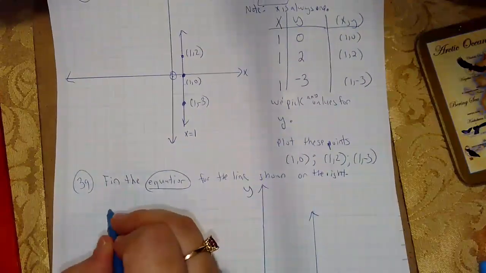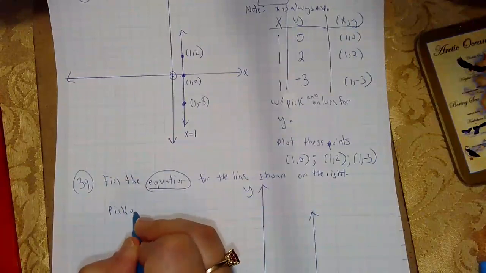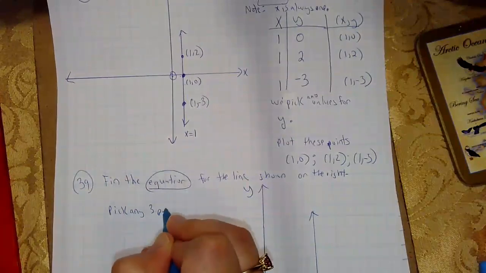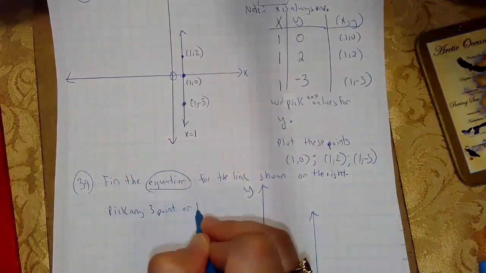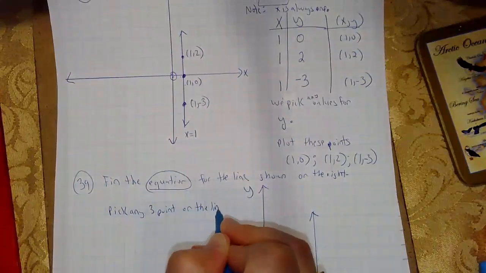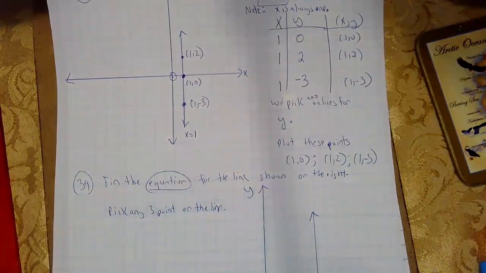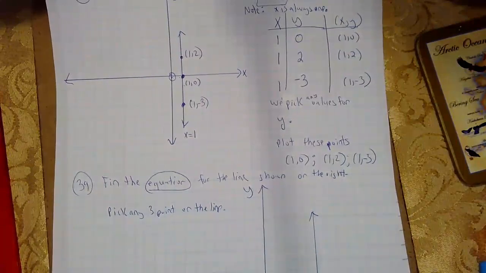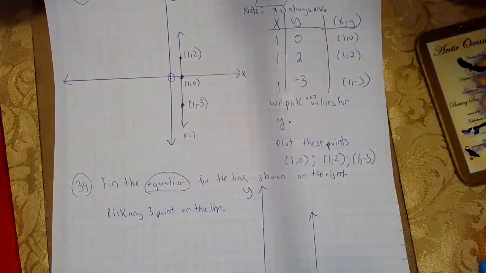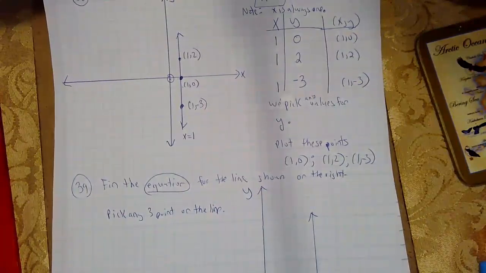I would start by picking any 3 points on the line. I'll pick this one, that's the origin, starting at 0, 0, so I go to the right 5 and up and down 0.